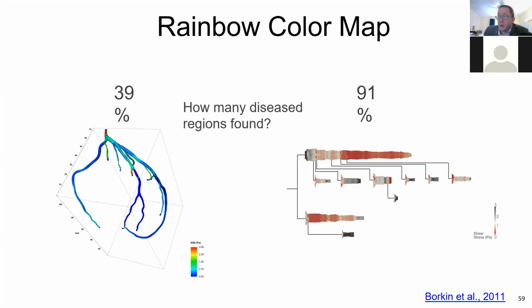If I convert to this color map instead of this rainbow color map, this is a saturation-based scale for my color map. And the accuracy for finding heart conditions is 91% now, from 39. They're looking at my heart to see if I'm going to have a heart attack. I want this one, thank you very much.